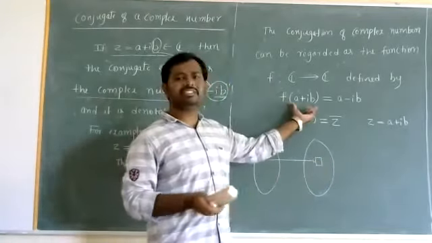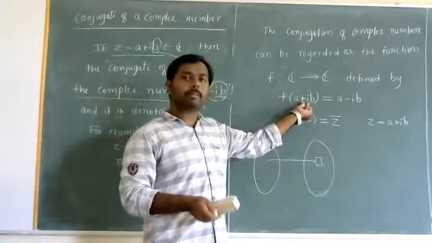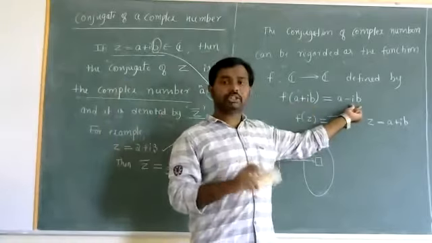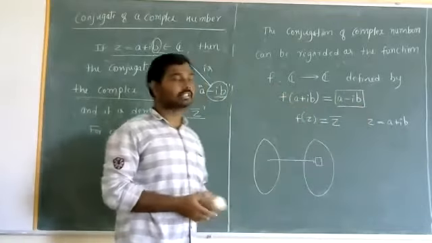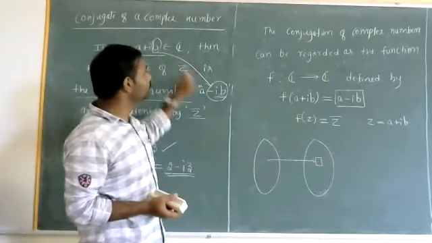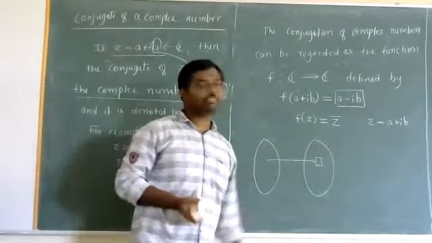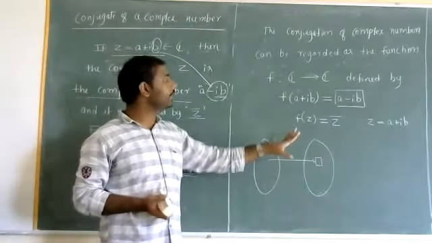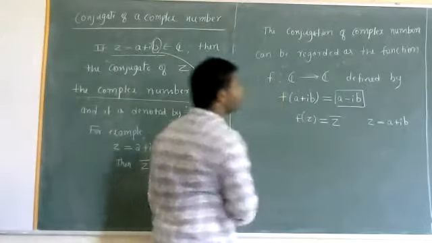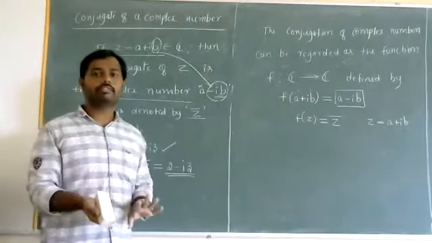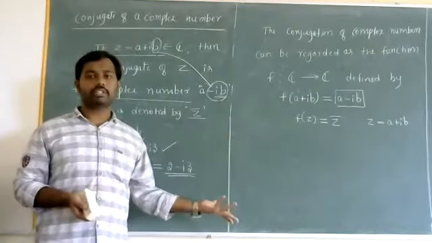And it is true in this case. If we consider any complex number, it is associated to one and only one complex number. So this unique association will directly imply the well-definedness. So whenever we have a function, we can talk about one-one-ness and onto-ness.